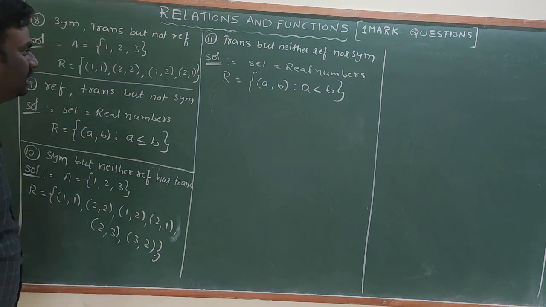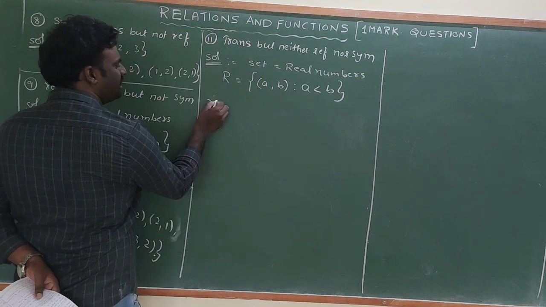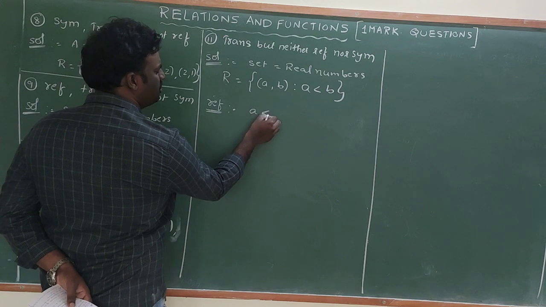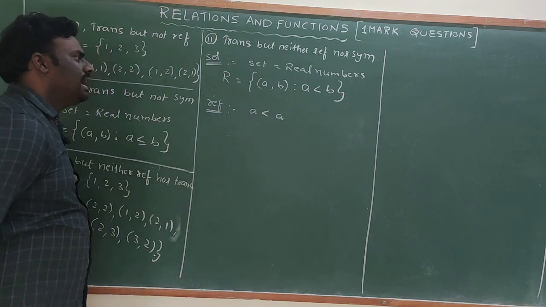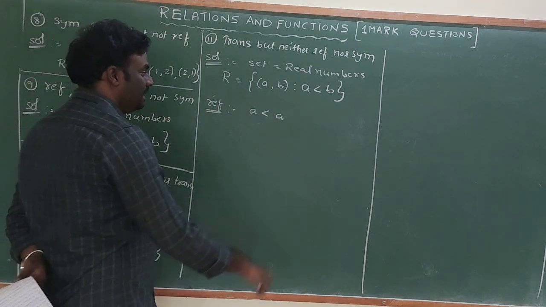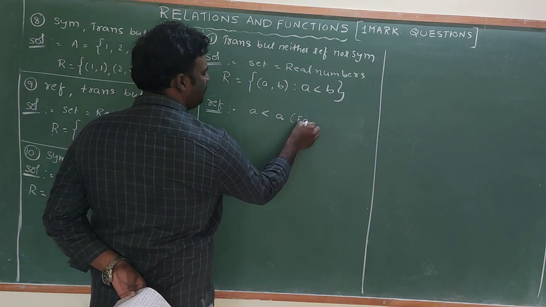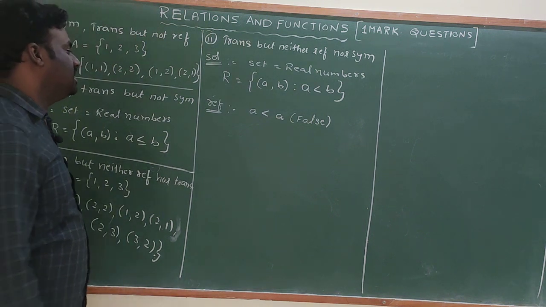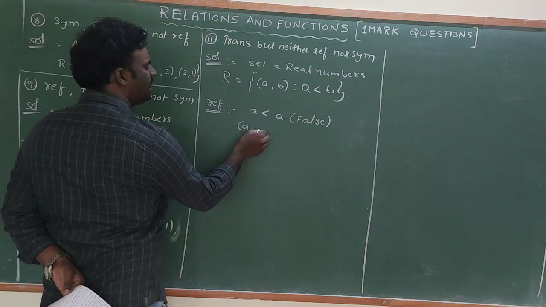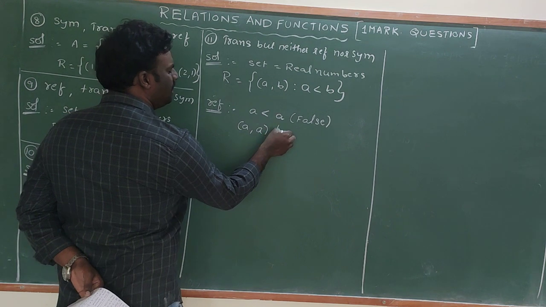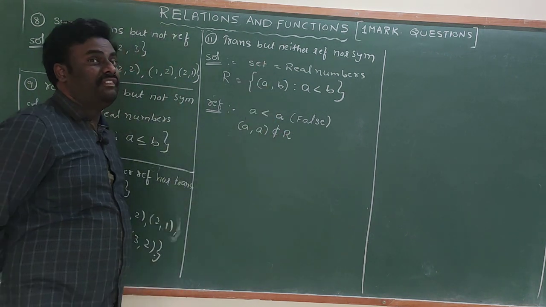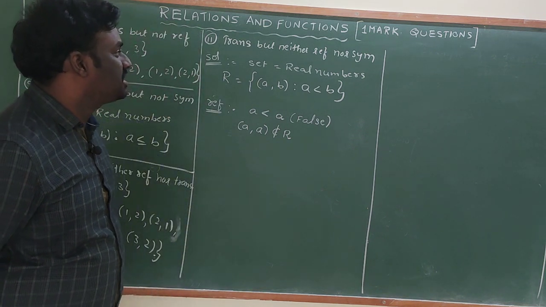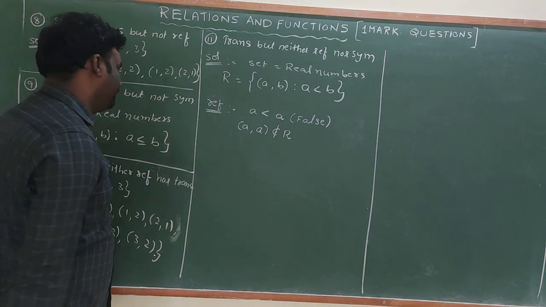We will check it. First I am checking reflexive. In reflexive both values should be the same. A less than A, this condition is false. If this condition is false, it means (A, A) does not belong to R, so it is not a reflexive relation.